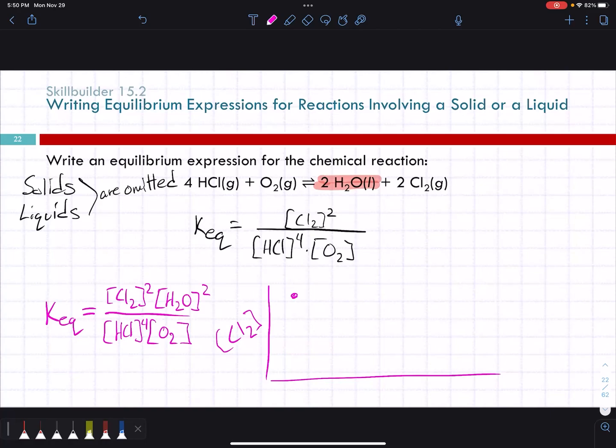As that chlorine gets used up and turned into products, if we're going in the reverse direction, that's going to increase our concentrations of HCl and O2. So as that reaction goes, it's going to slow down because we're running out of chlorine.